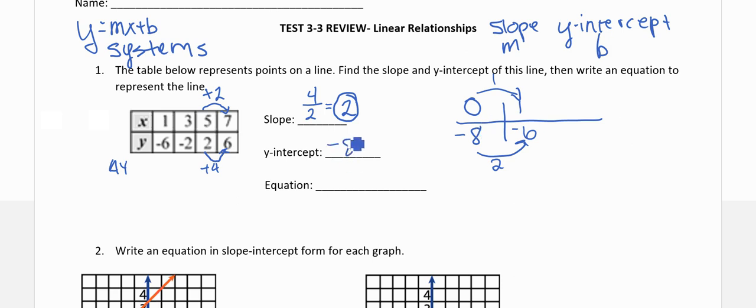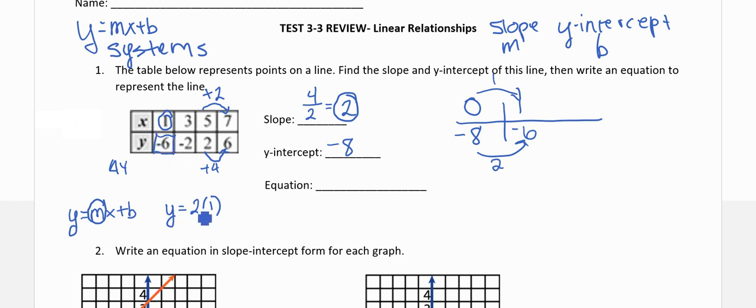I can also use my slope to find that value. I can use y equals mx plus b. I can plug in my m value, which is 2. So y equals 2, and I can plug in an x value, like 1, and I'm looking for my y value of -6.